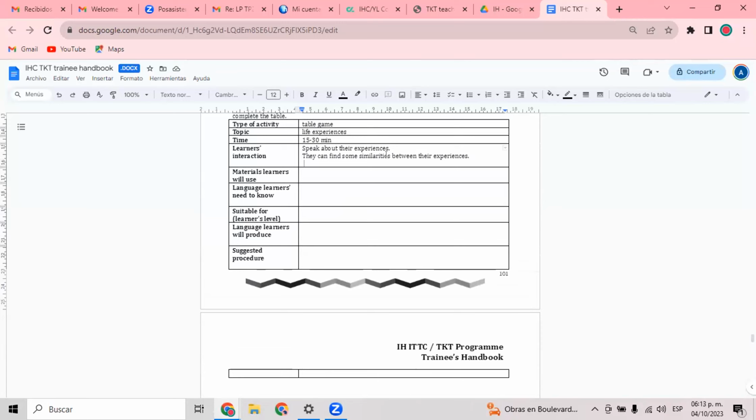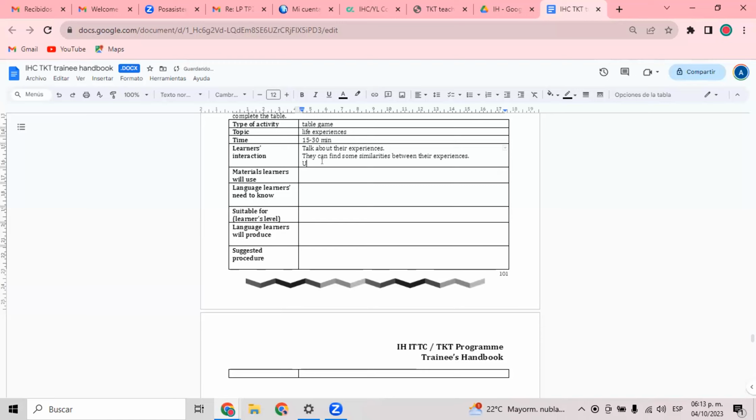So the interaction is between peers. It says learners' interaction. What are they going to interact? They are going to talk. They are going to speak, to talk about their experiences.